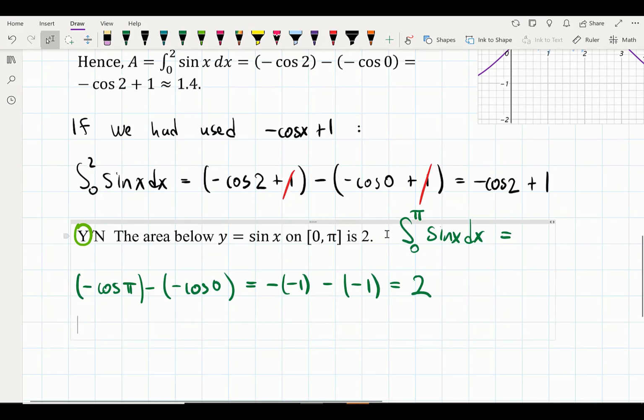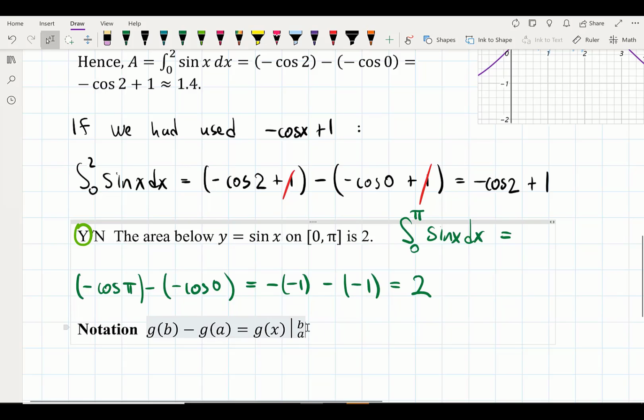Let me give you some new notation, which you'll like. It'll make some of this easier. So if we have some function and we want to evaluate it at one number minus the value at another number, that is to say, if you want to do, let's say, g of b minus g of a, we can abbreviate that with a vertical evaluation bar with a subscript and a superscript.